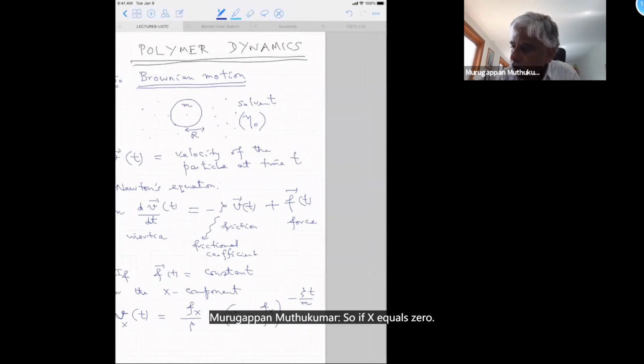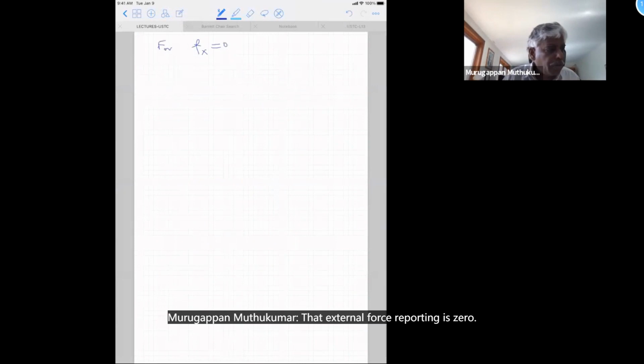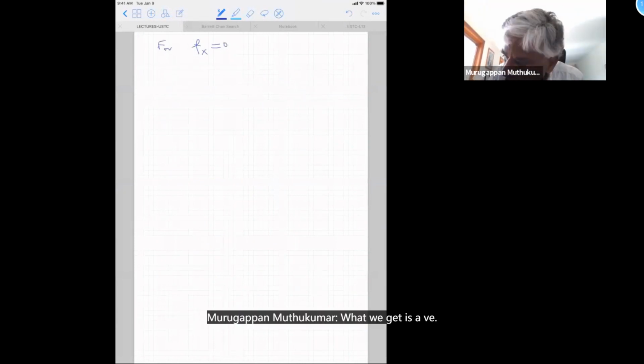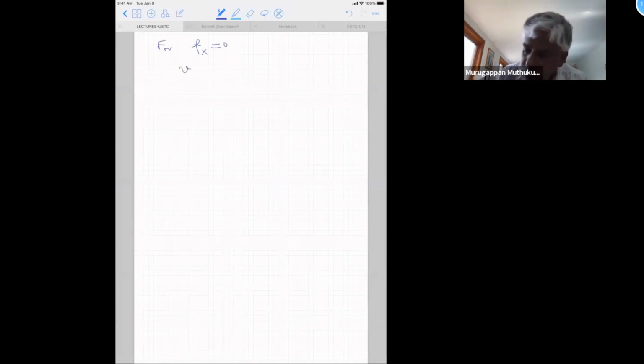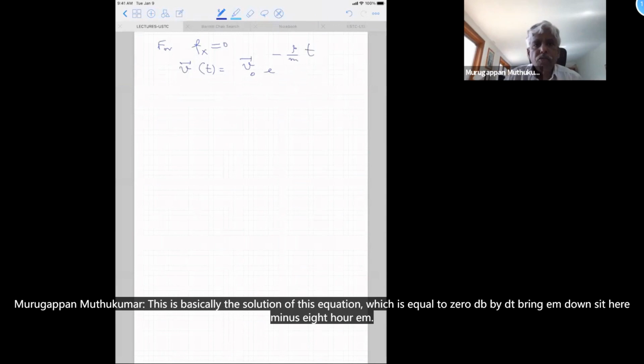So if fx equals 0, that is, the external force that we're putting is equal to 0, what we get is v of t, which I can do in general now, equal to v at the earlier time, which I'll write as 0, e to the minus zeta by m t. This is basically the solution of this equation.